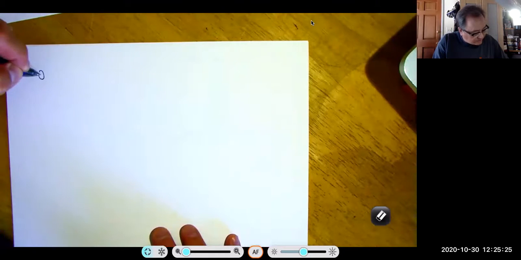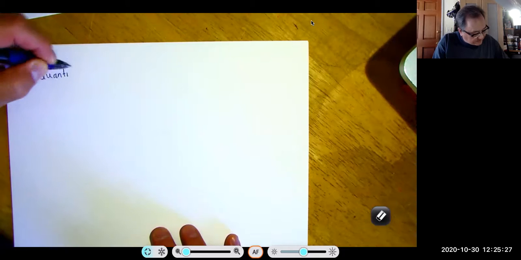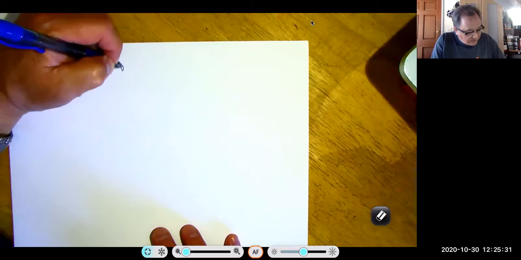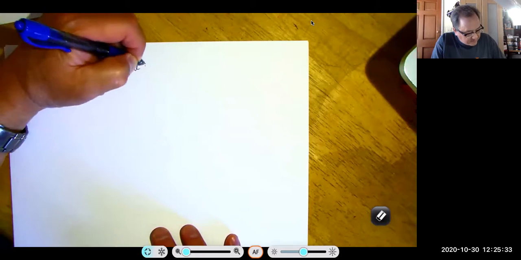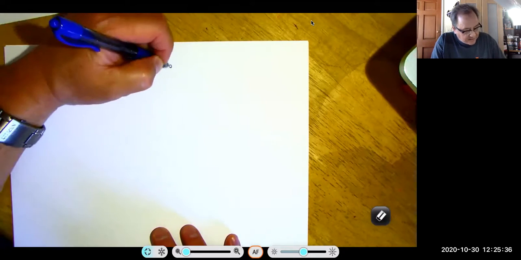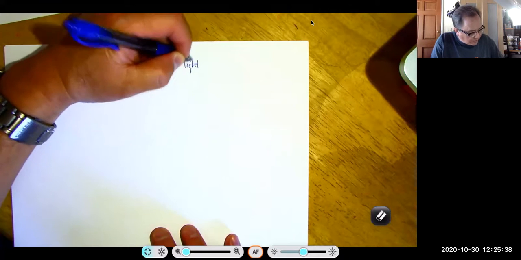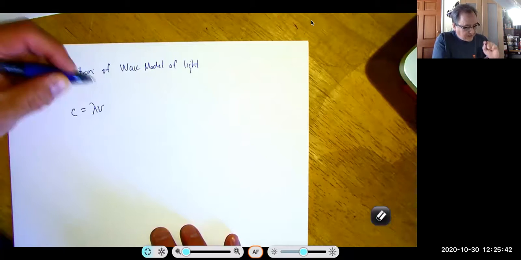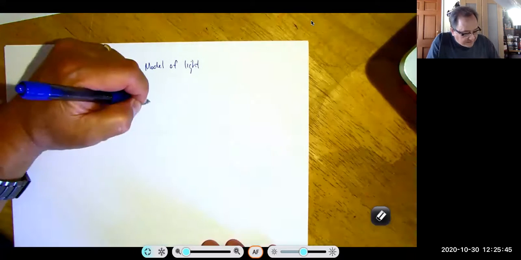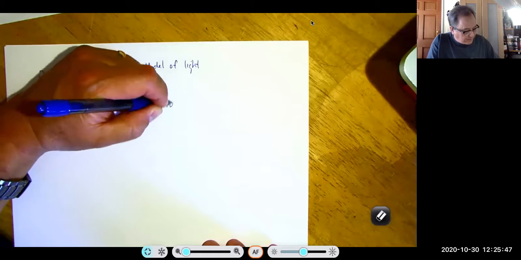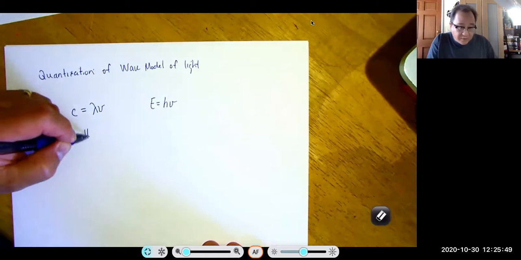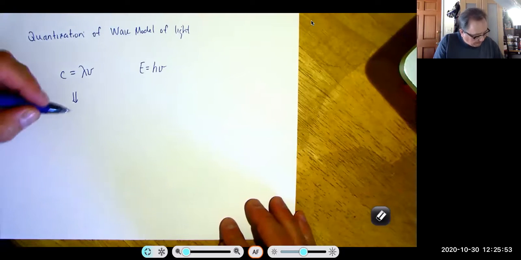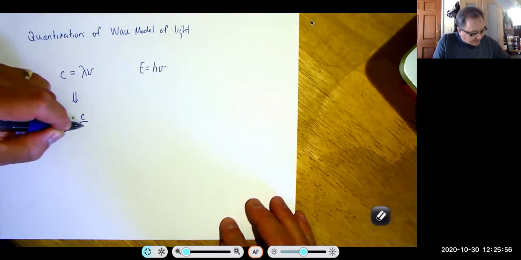So let's look at quantization and the wave model of light. With the wave model of light, we have c equals lambda nu. And with the quantization, we have E equals h nu. Now this, if we rearrange it, becomes nu is equal to c over lambda.